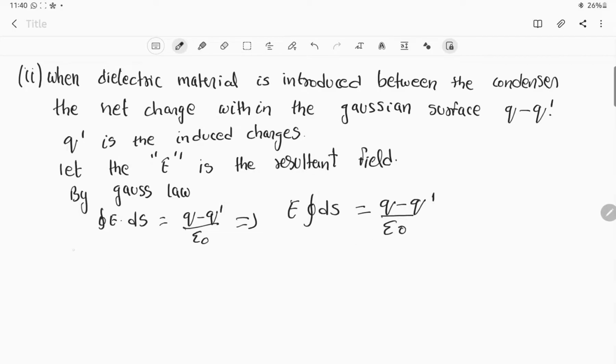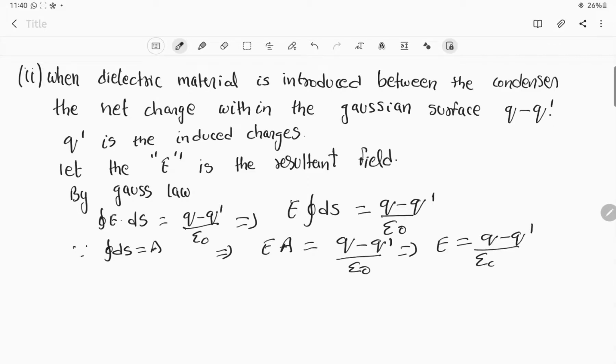So E is equal to q minus q dash by epsilon naught A. This is equation number 2.